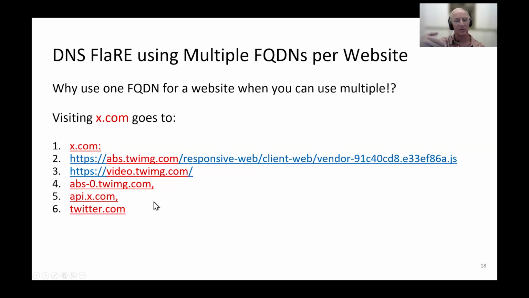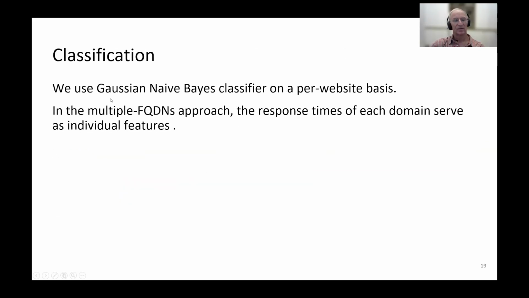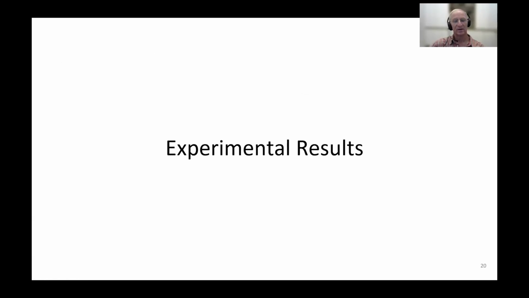Same thing for other domains. They usually come with extra domains. Measuring the response time for the extra domains can increase your accuracy, and we measure them. It's like a footprint for the different websites we are trying to track. We use, as we said, the Gaussian naive Bayes classifier to distinguish between the slow and fast responses.